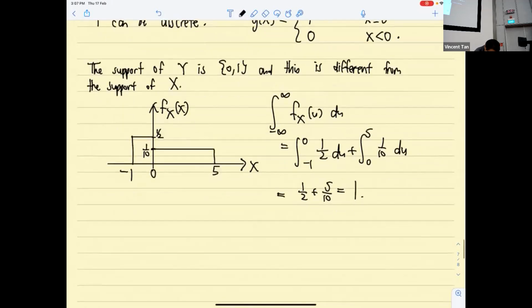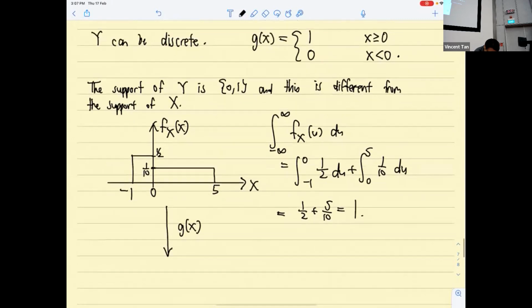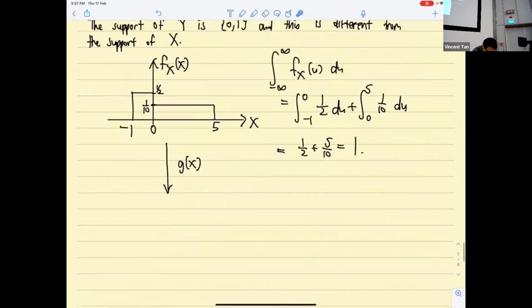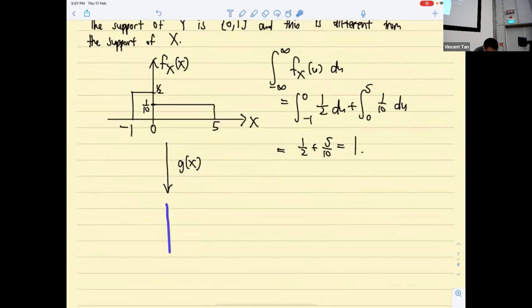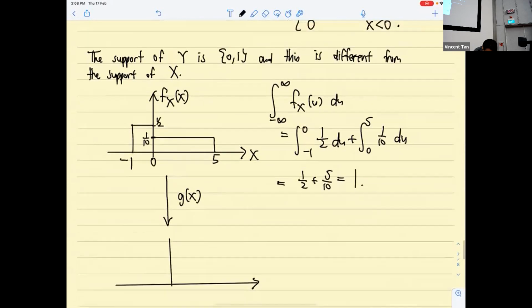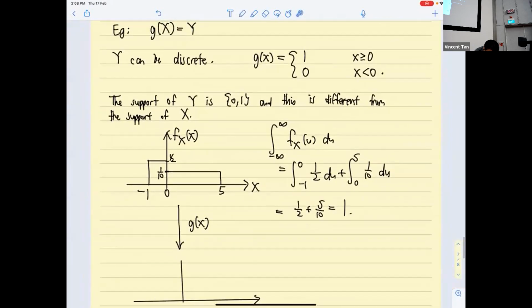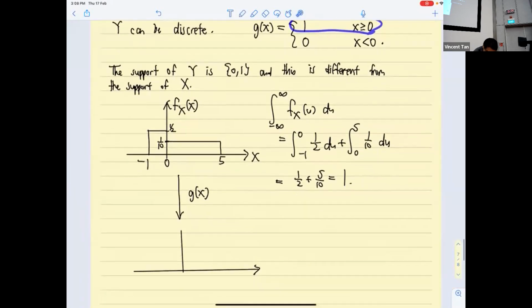So now this is a particular random variable x, and you're going to pass it through this function g of x, which is what I call quantization or the Heaviside step function if you wish. Then what happens? What is our probability mass function of y? Whenever x is positive, y takes on the value 1.